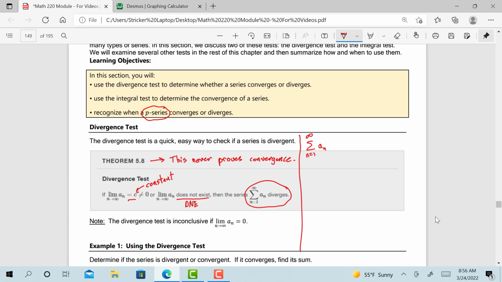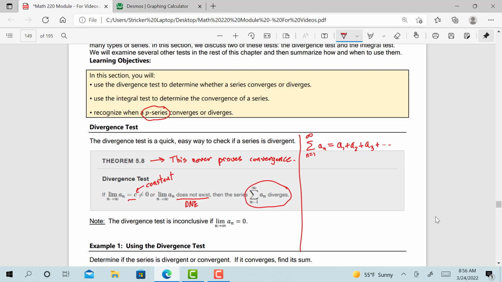So we're adding up the infinite terms in a sequence, and so it looks like a1 plus a2 plus a3 plus and so on. And so there's an infinite number of terms. And so what this is saying is, let's say the terms of this sequence start to approach something.